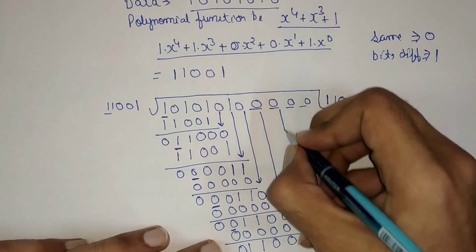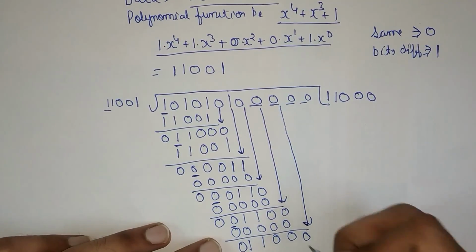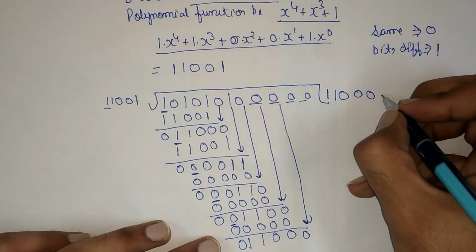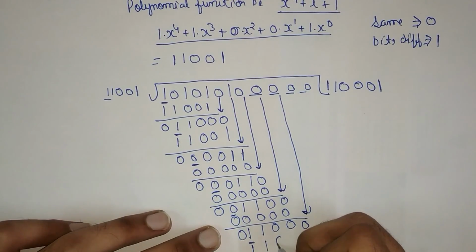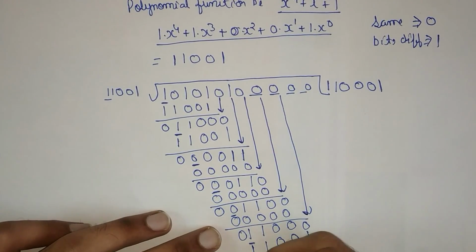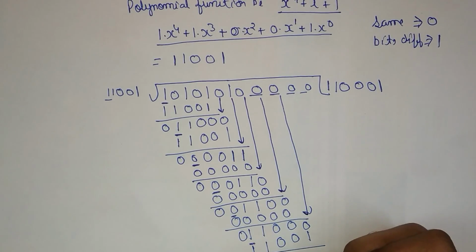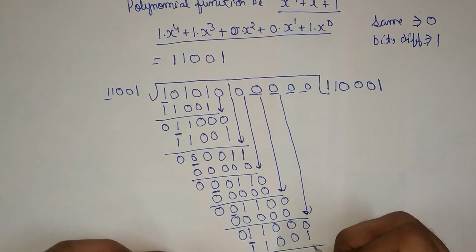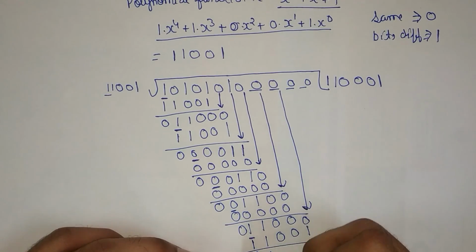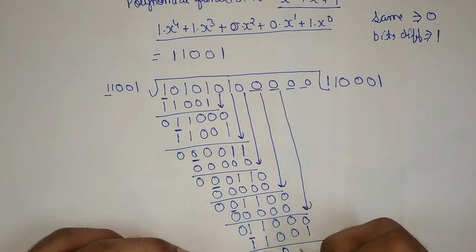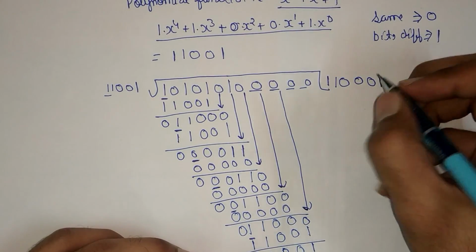Now we'll take one more bit from the upper side and put it over here, and multiply it with 1. Now we get 0 0 and 1.